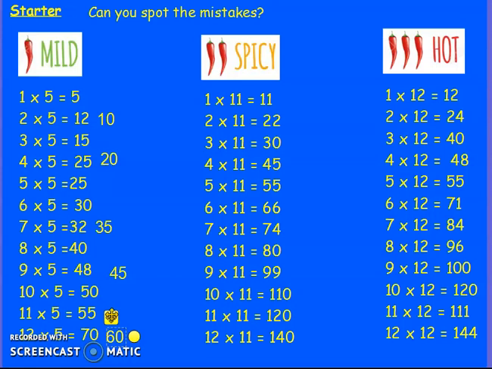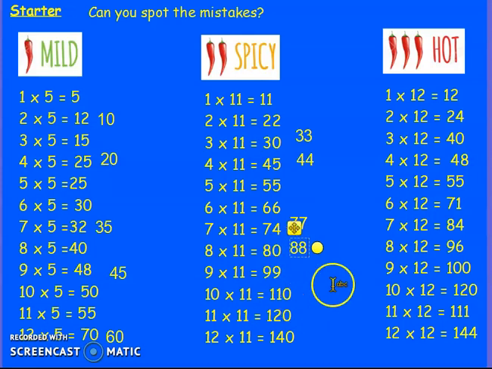Let's have a look at the spicy challenge, which was looking at the 11 times table. Oh, I can spot a mistake there. 3 times 11 is 33. 4 times 11 is 44. 7 times 11 is 77. 8 times 11 is 88, not 80.